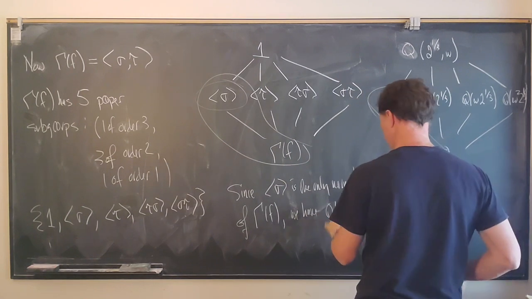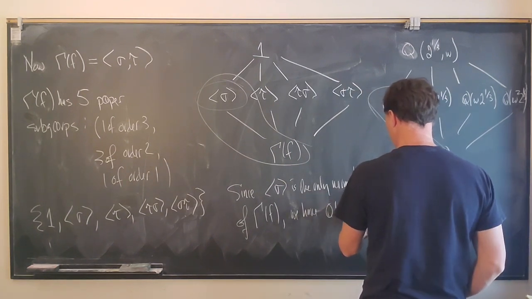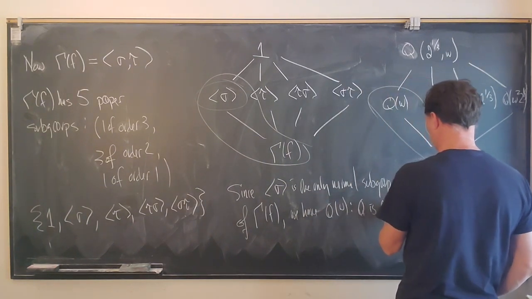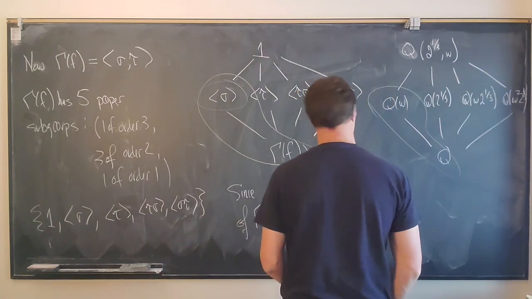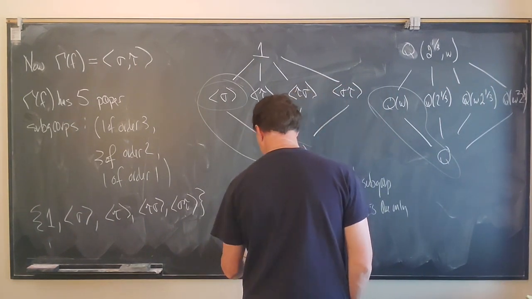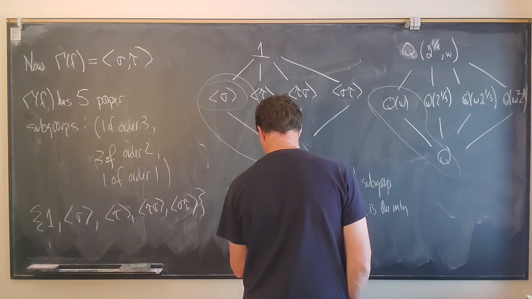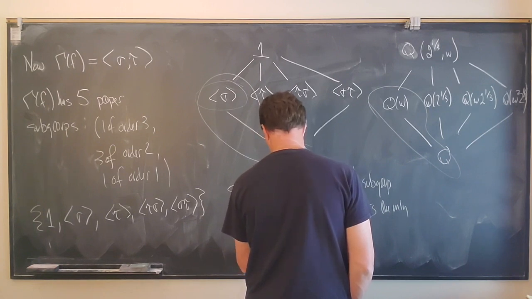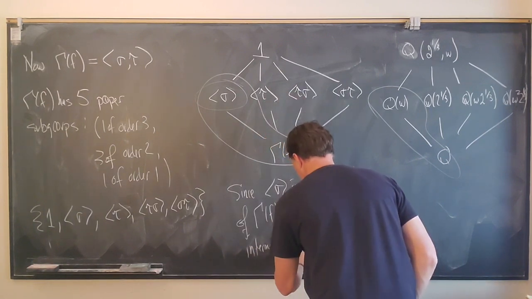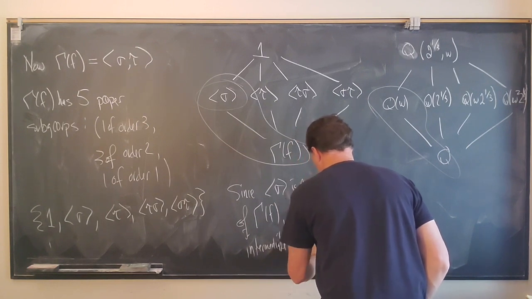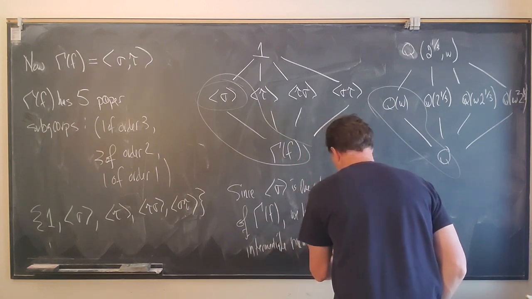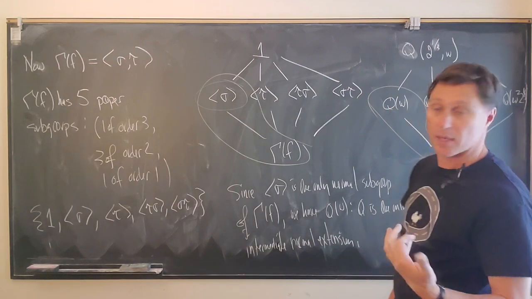So Q adjoin omega over Q is the only intermediate normal extension. All right, so that's using part B of the fundamental theorem.